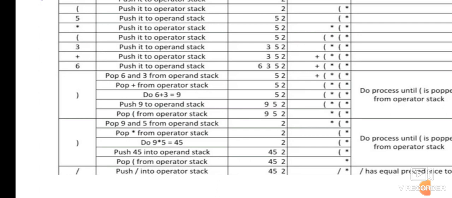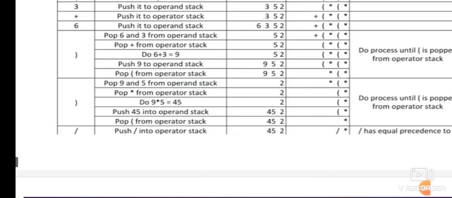So push 45 into the operand stack. The remaining element in the operand stack is 2. Here we do the process until the open parenthesis is popped from the operator stack. Here both the open parenthesis and close parenthesis cancel.